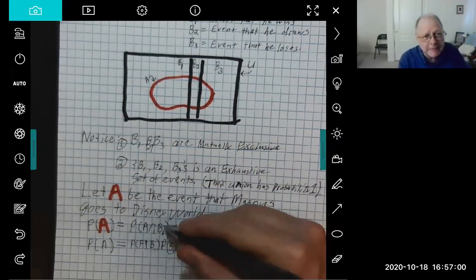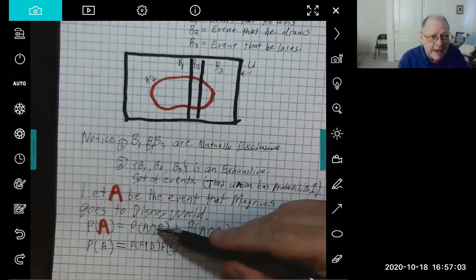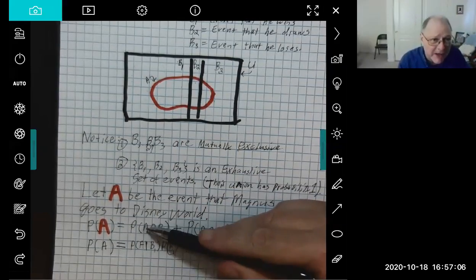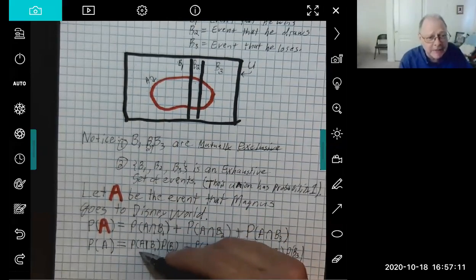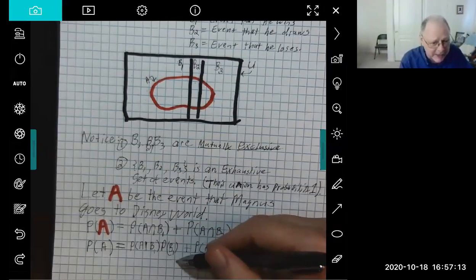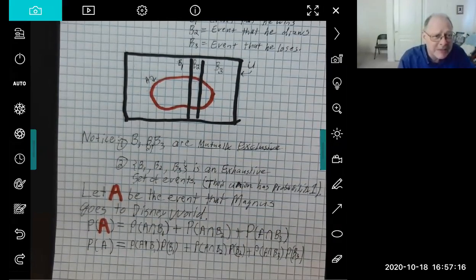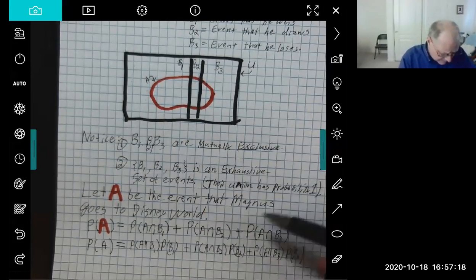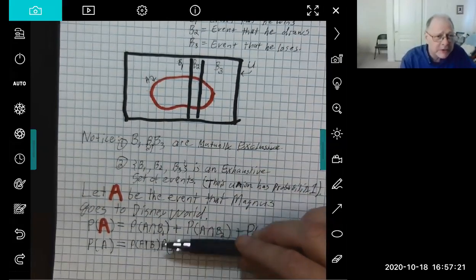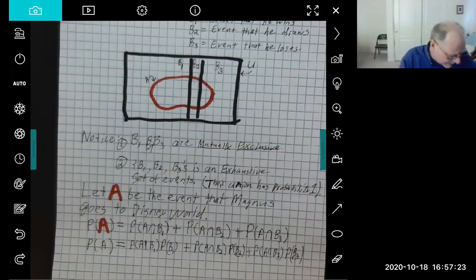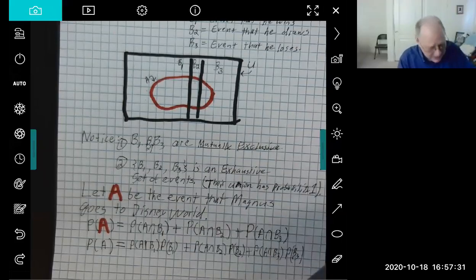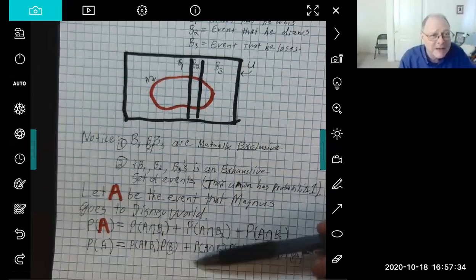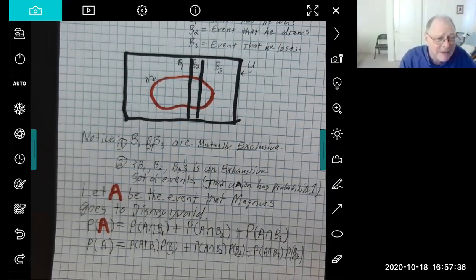So I can replace the probability of A intersect B1, the probability that A and B1 happen, with the probability of A given B1 times the probability of B1, and do that with the other two terms as well. So both of these statements are true. Both of them can be called the law of total probability. In a given word problem, you might have the information you need to use one or the other of these forms, but they both mean the same thing.